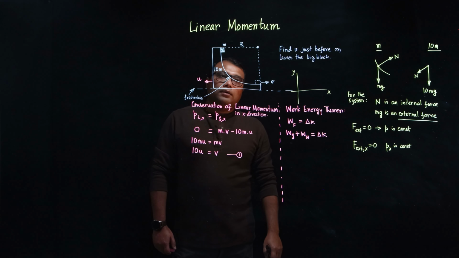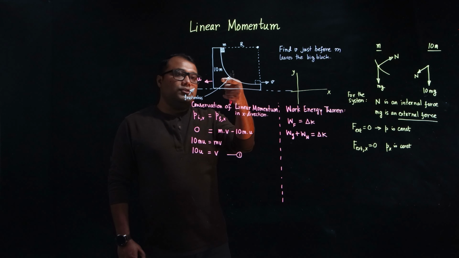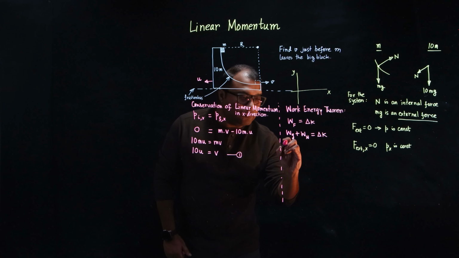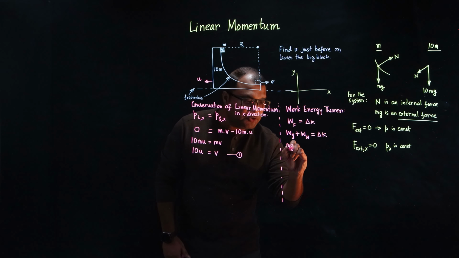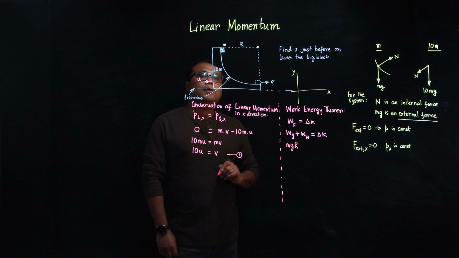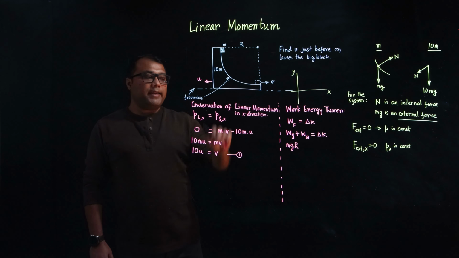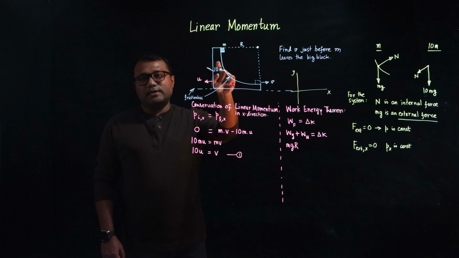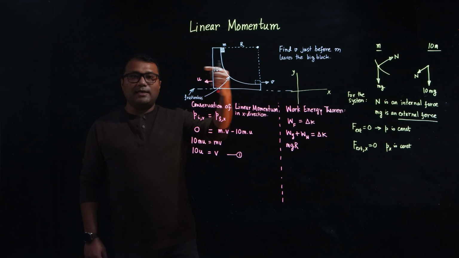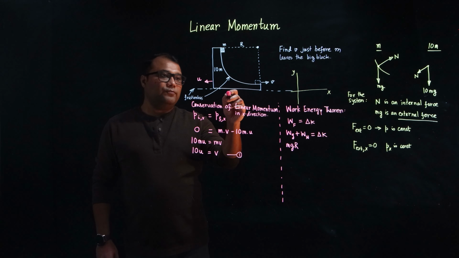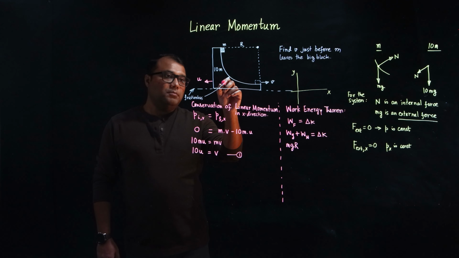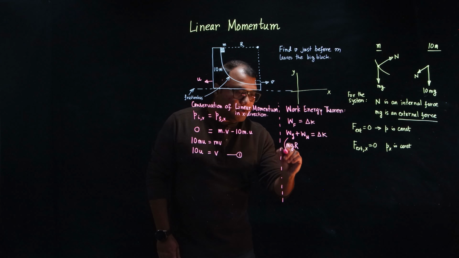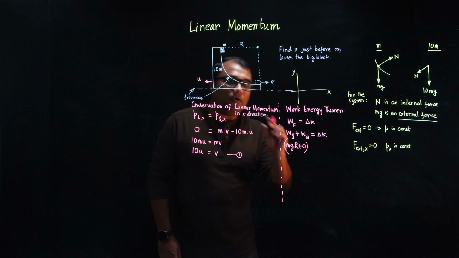The force of gravity is downward, the displacement is downward. So work done on small m is mgr. Is there any work done on 10m? 10m did move sideways, but its center of mass remained at the same height, whatever it was. If it was the geometric center, somewhere, maybe it was here, it will remain at the same height. So there is no work done by gravity on 10m.